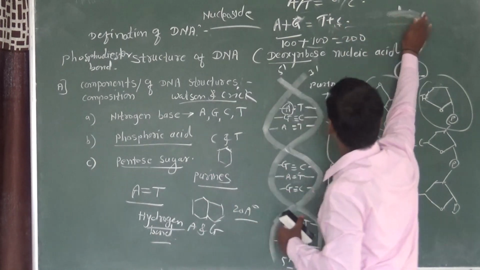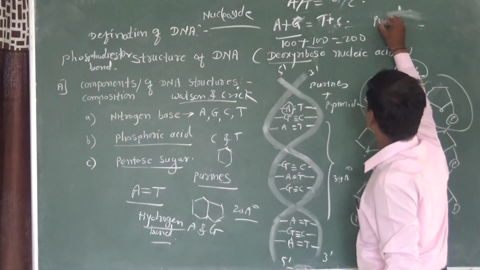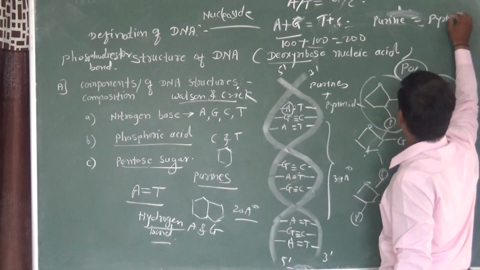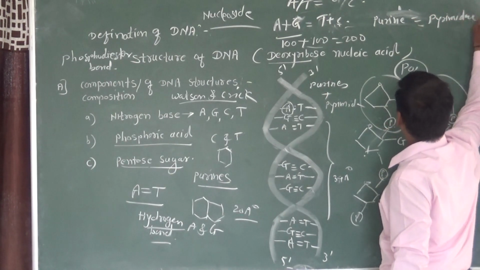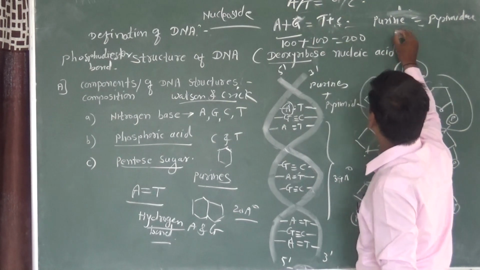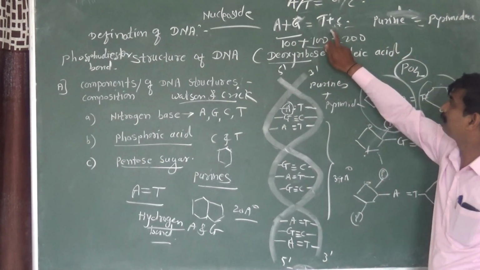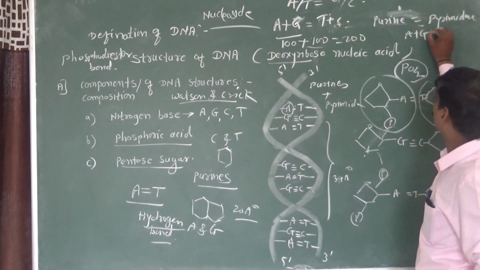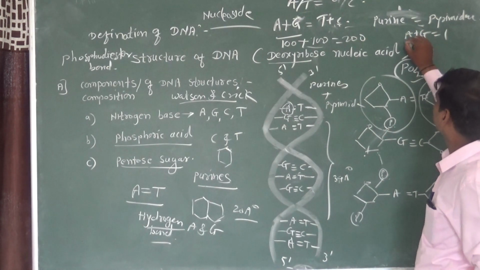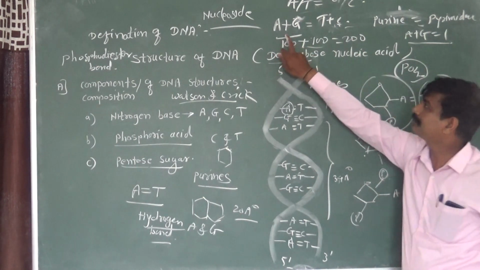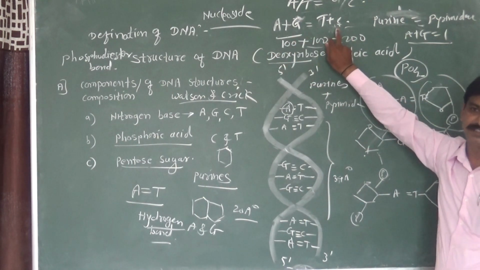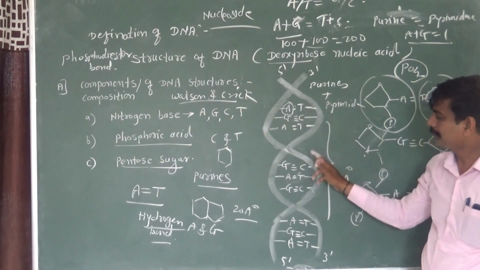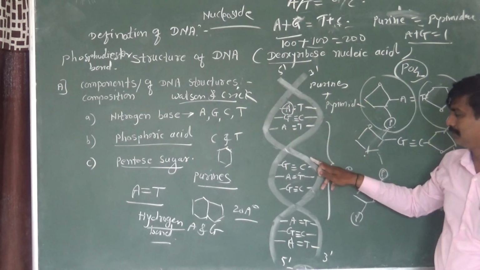Purine is equal to pyrimidine, meaning A plus G is equal to 1. These are the 100 purines and 100 pyrimidines, equal components in each strand.